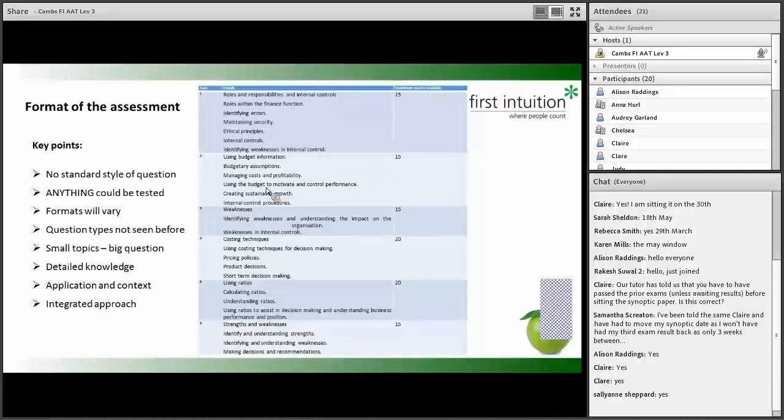So the format of the assessment, you've got 6 tasks in this assessment, and there's a slide here which shows the kind of things that will be tested in each of the tasks. Again, this list isn't definitive, it just gives us an idea of some of the things that could be tested in each of those tasks, and the marks that are allocated to them.